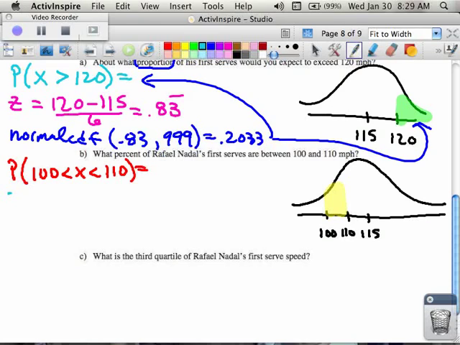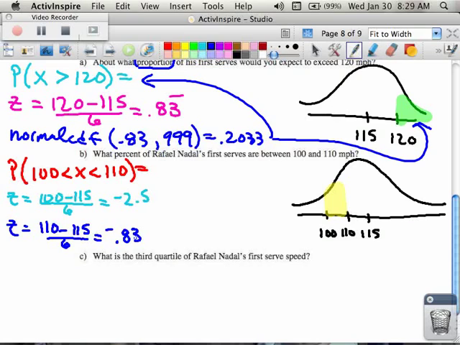So my first Z-score is 100 minus 115 all over 6. And I get a Z-score of negative 2.5. Does that sound right? Yep. Negative 2.5. And a second Z-score of negative 0.83 repeating.